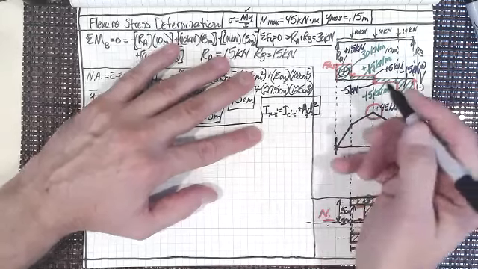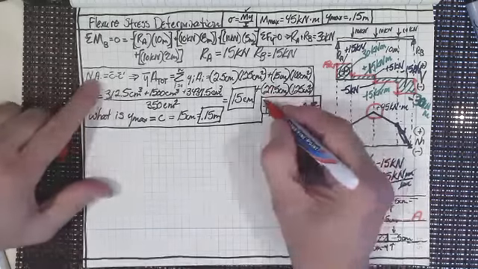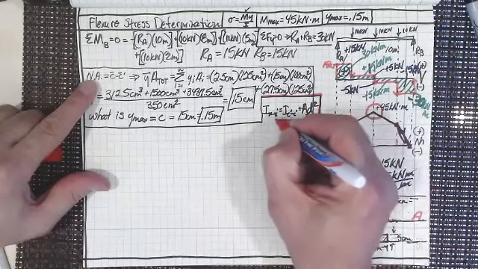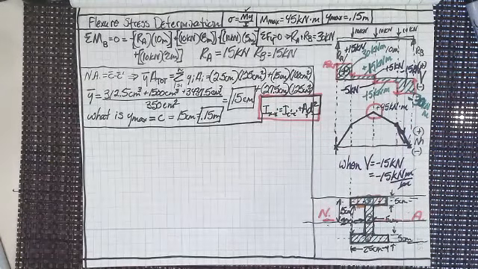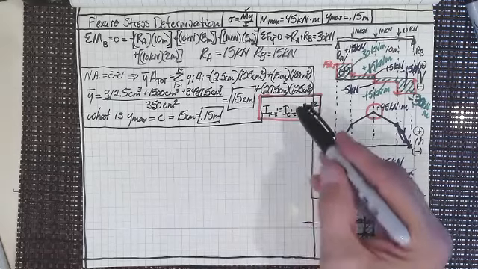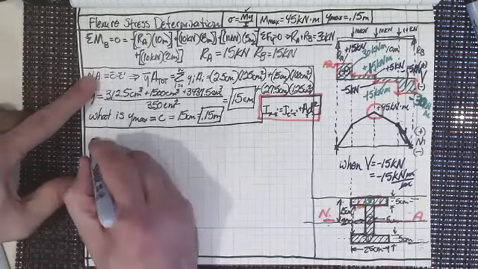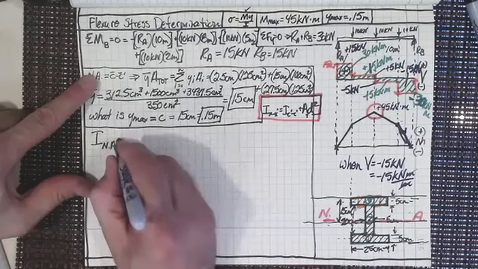We don't want to lose the square, so let's box that in with red to make sure that everybody knows that that equation includes the square. Now, we're going to have to use that because we've got to bring them all to the neutral axis. What I'm trying to find here is I about the neutral axis.